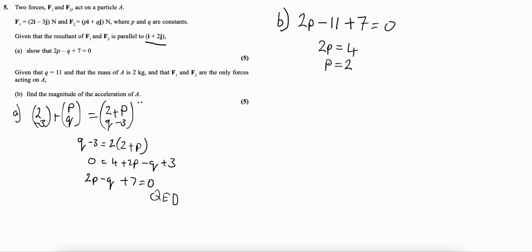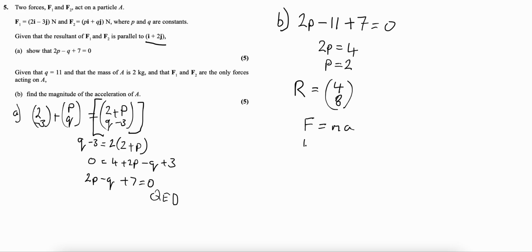This allows us to find our resultant. So our resultant force will be 2 plus p, which is 4, and q minus 3, which is 8. Now, we know that force is equal to mass times acceleration.